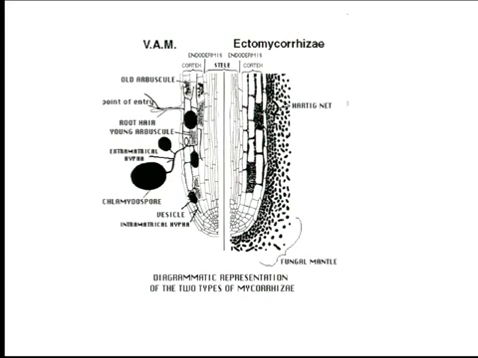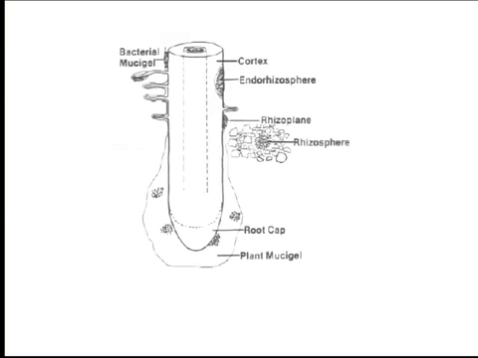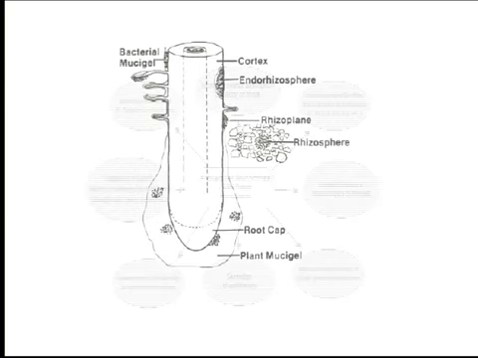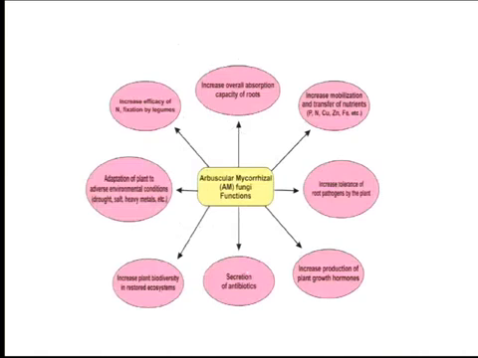This is symbiosis, okay? Just like in the beans, you have the nitrogen-fixing bacteria, the rhizobium, which is a beneficial interaction. These fungi do the same thing, but they don't fix nitrogen. Here you can see again how it happens. These are the effects that the mycorrhiza have.